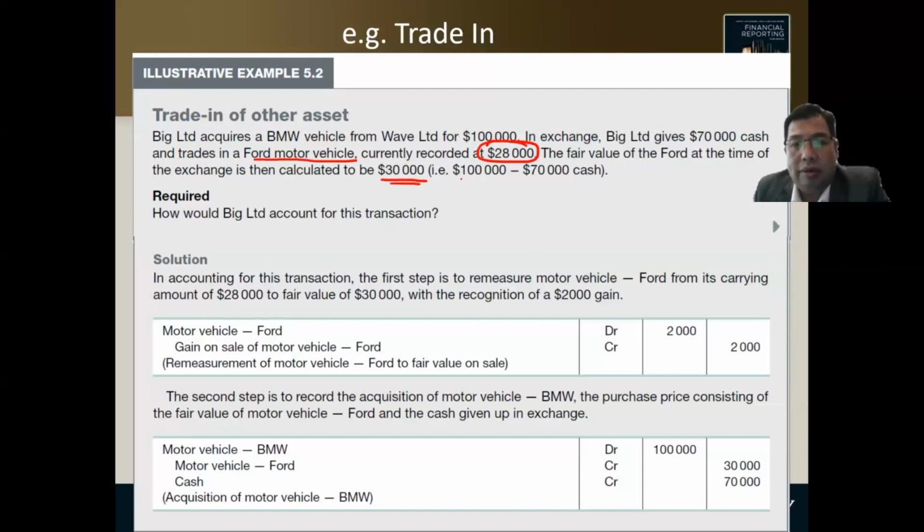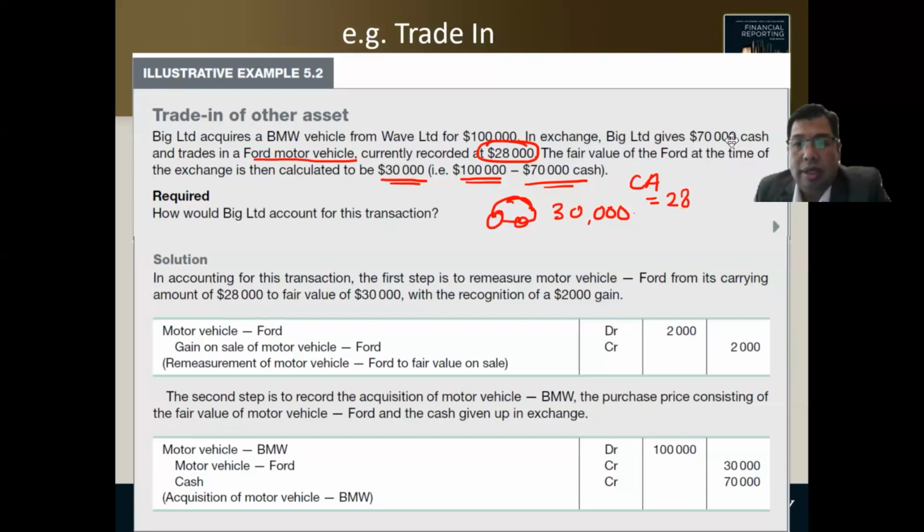The new asset is 100,000, and you paid cash 70,000. So the value of this old car is only 30,000, based on this transaction, even though your carrying amount is 28,000. Can you see this?